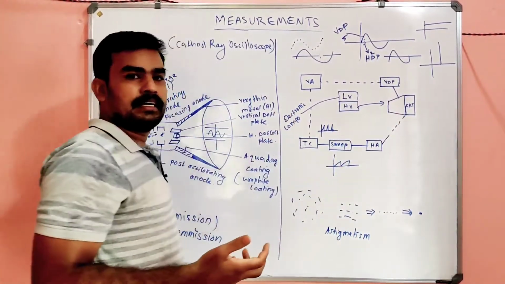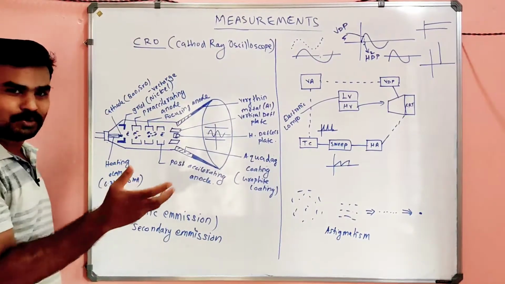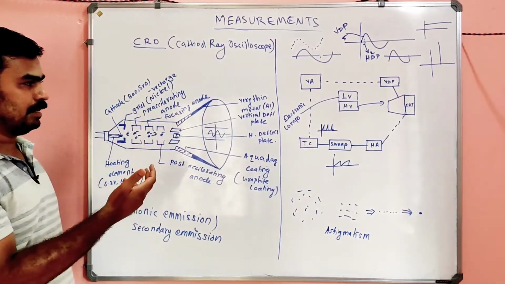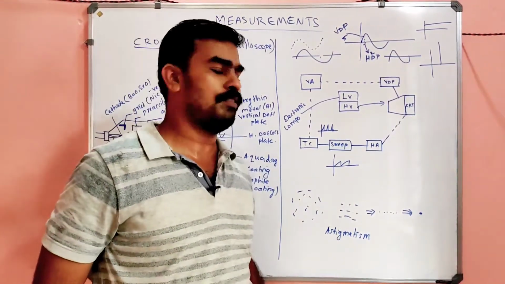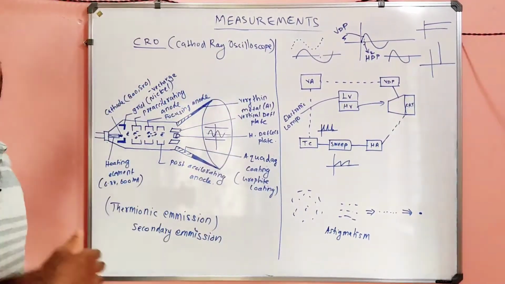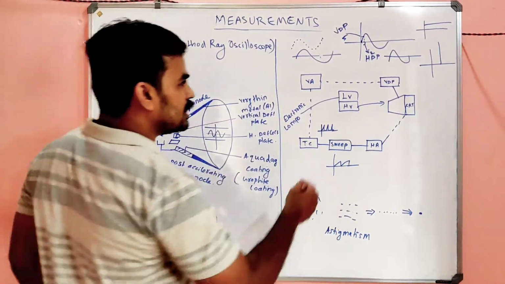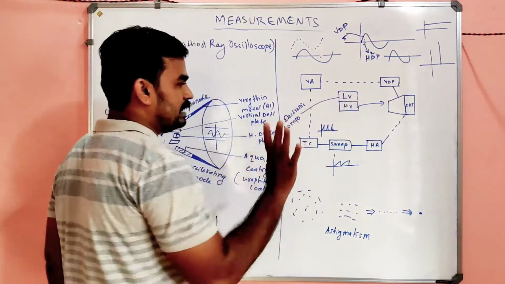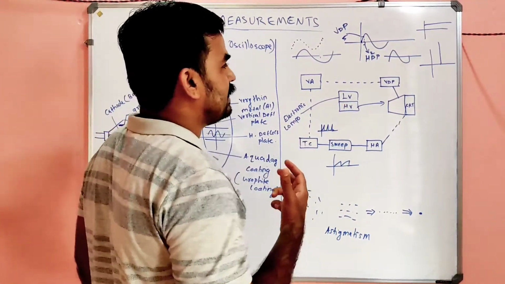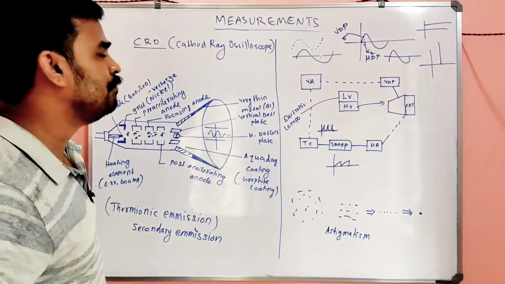And other electronic equipment, like our cathode, vertical deflecting amplifier, pre-accelerating anode, post-accelerating anode, and focusing anode, do not require that much voltage. They require only a small voltage level, so that is provided by the LV, that is the low voltage supply. And how this is exactly working, I will tell you.